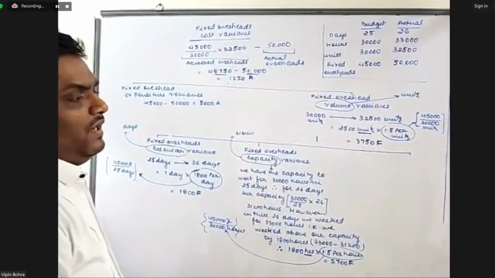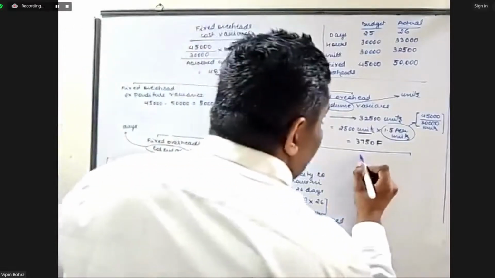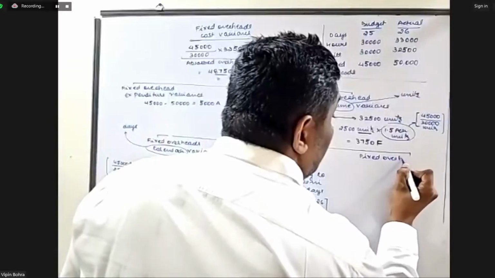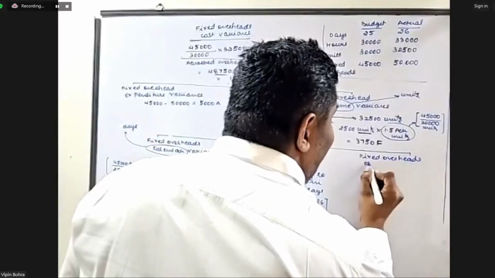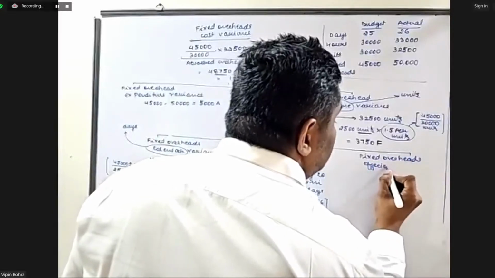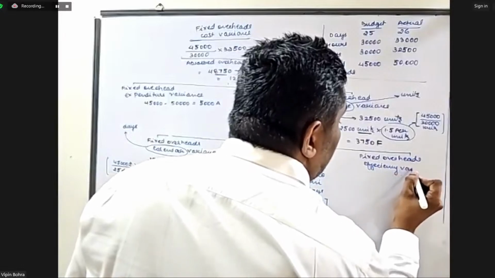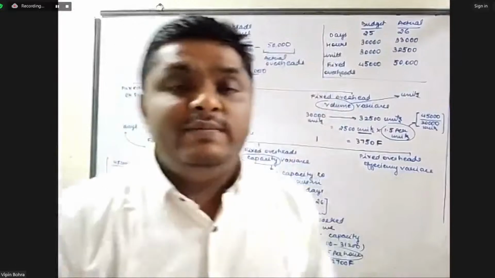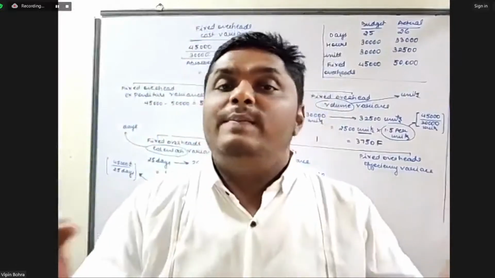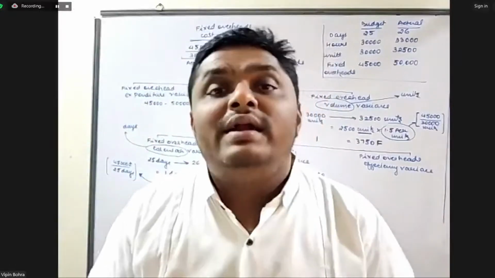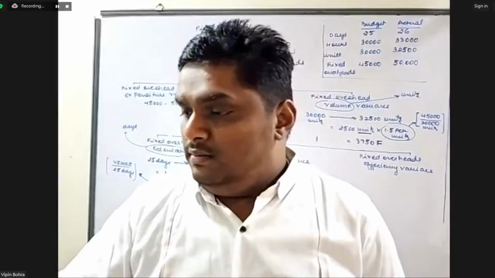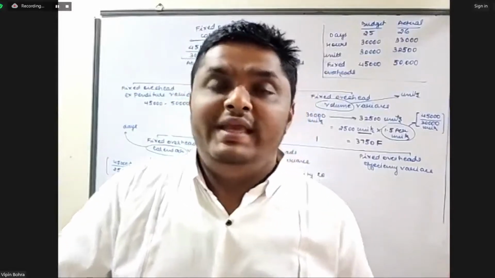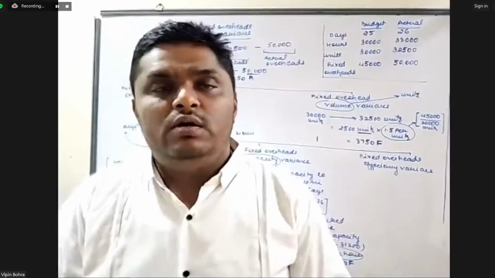Now let's start with the last part, that is fixed overhead efficiency variance. Efficiency means what? कितने टाइम में काम कंप्लीट करना था और कितना टाइम हमने लगाया. How much time we should have taken and how much time we actually took.